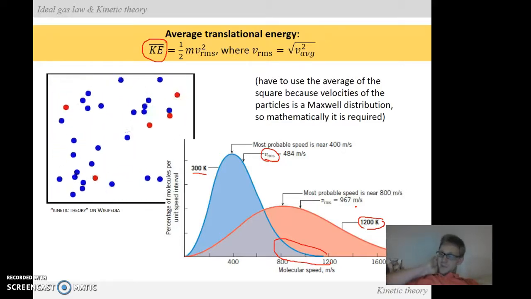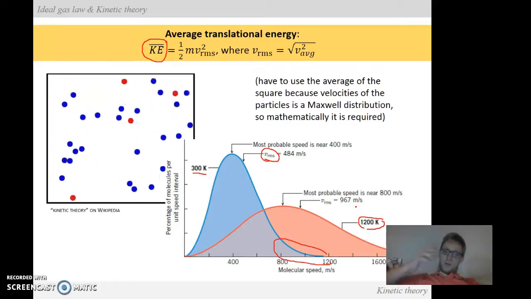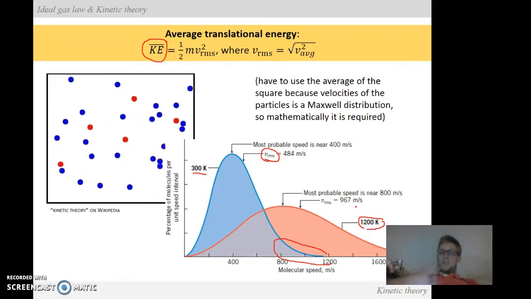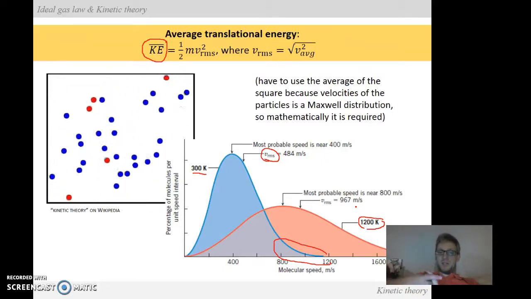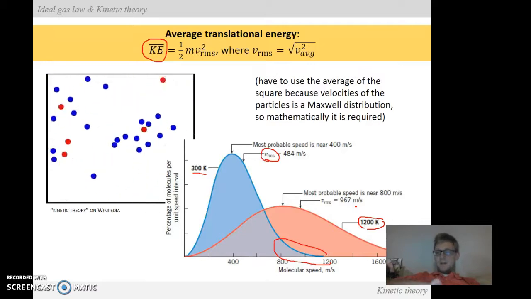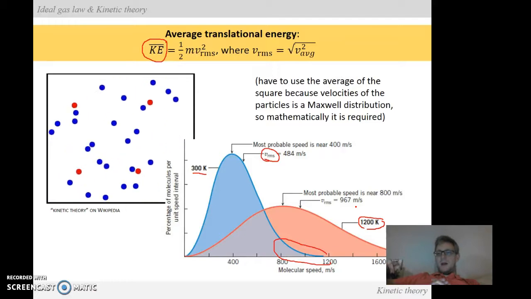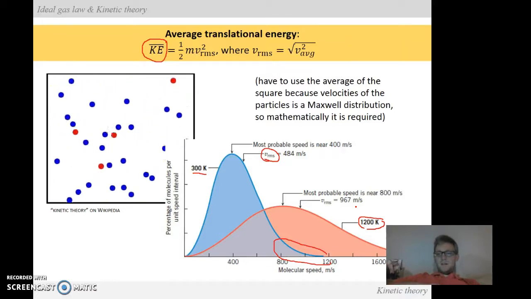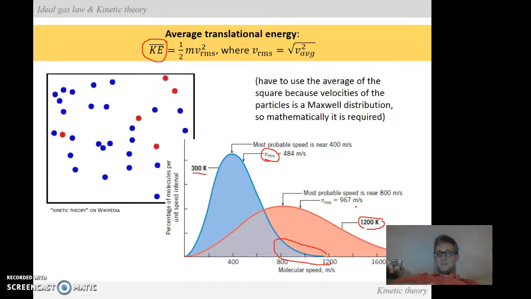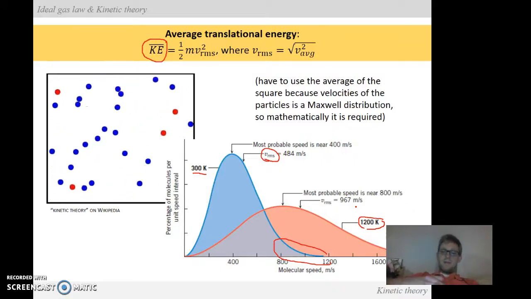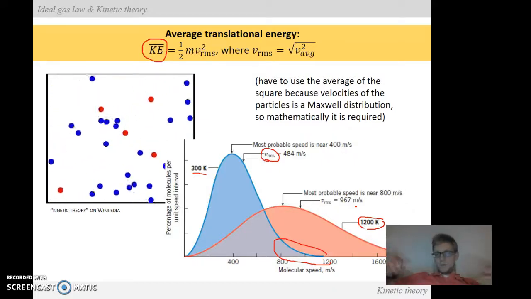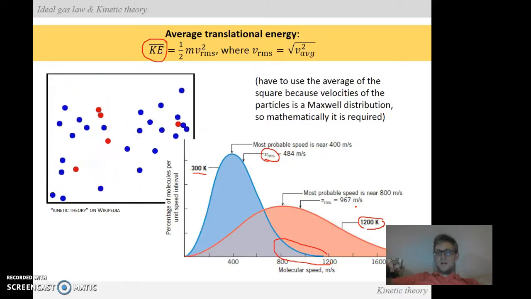So from this chart we can see a couple of things. One, as we increase temperature, the speeds of the particles increase. Two, the VRMS increases as well. And the last part is that we have a broader distribution of velocities.